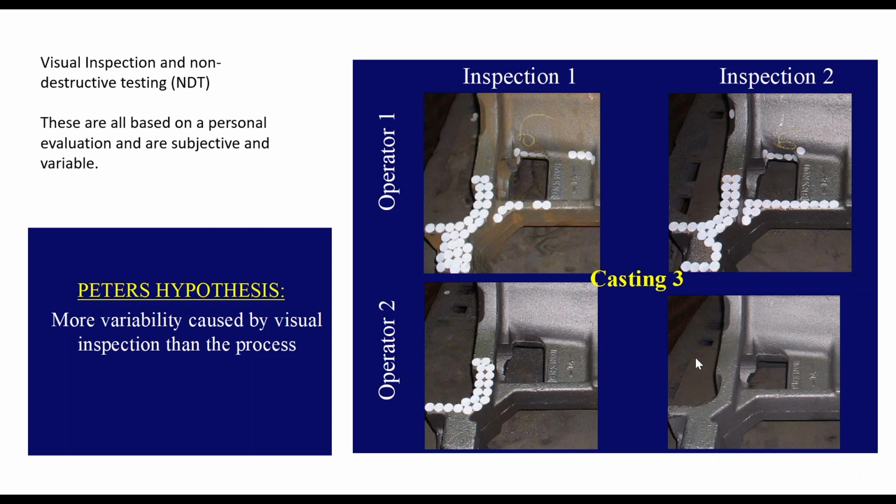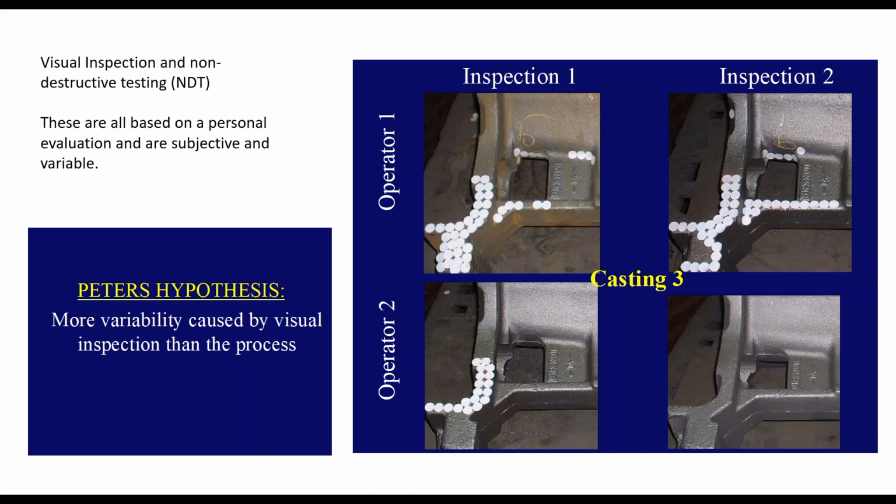This is a fundamental challenge, not just in visual inspection. It turns out that everything except ultrasonics is a visual evaluation of a picture, whether it's magnetic particle inspection, liquid penetrant inspection, or even radiographic inspection. I'm really doing an ink blot comparison with a picture. And so that makes it really challenging.